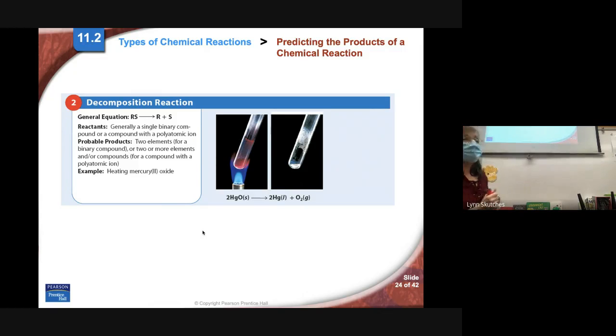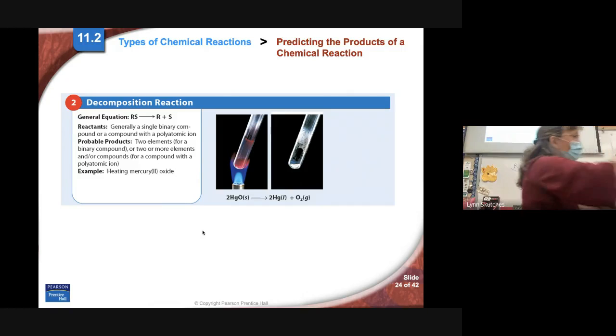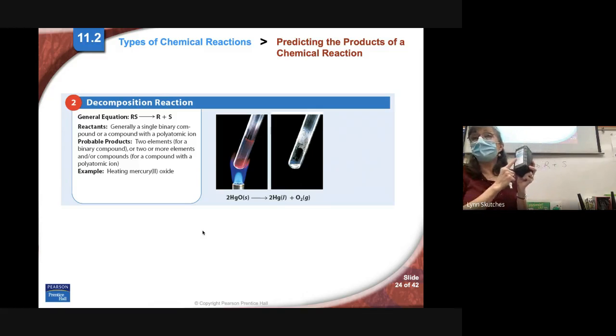So the general equation this time is some compound RS becoming elements R and S. Again, it could be that one of these is a compound, which is actually going to happen in our decomposition reaction today, because you're going to use hydrogen peroxide and decompose it.